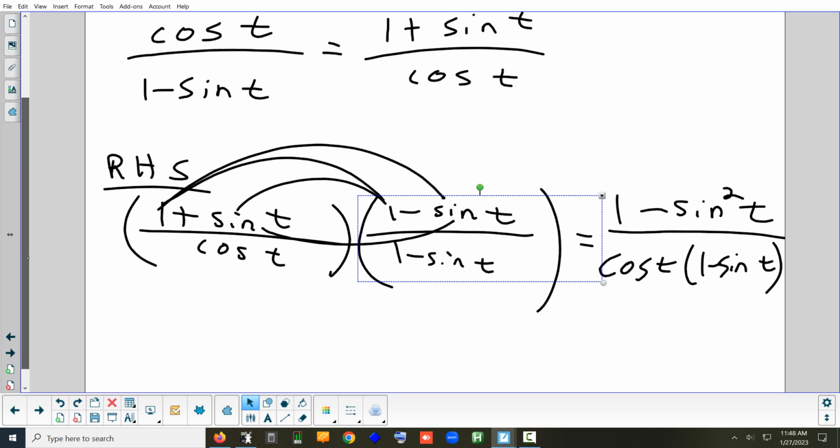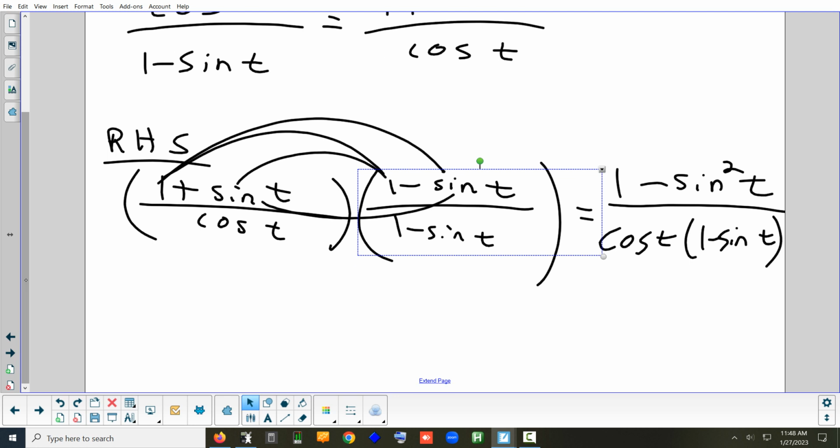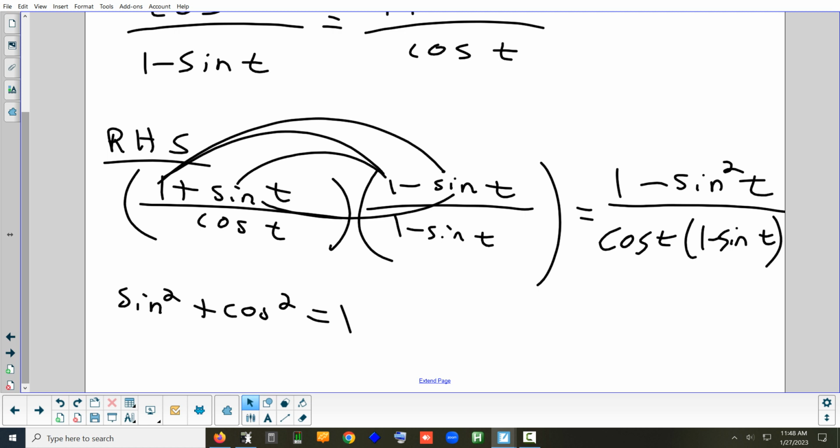Now, 1 minus sine squared kind of looks like something we've talked about. What does that look like? Cosine squared is 1 minus sine squared. Right, it's the first Pythagorean identity. It's not written exactly the way I gave it to you: sine squared plus cosine squared equals 1.